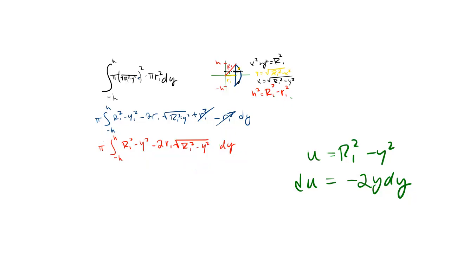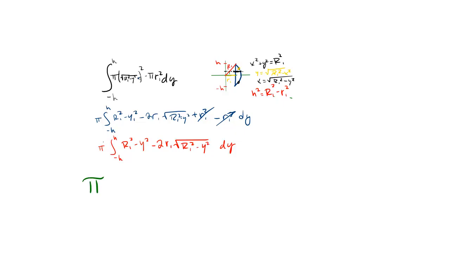I'm not saying it's impossible, but what you would do in a situation like this is say, well, why don't we look in the book and see what my table allows us to do? Because we could manage it. But you'll see that if I just take this integral, the first value is R1 squared times y minus y cubed over 3. And this whole thing, you're going to hate this.